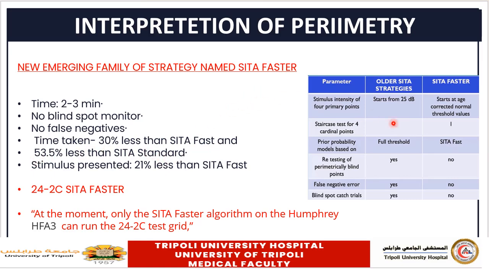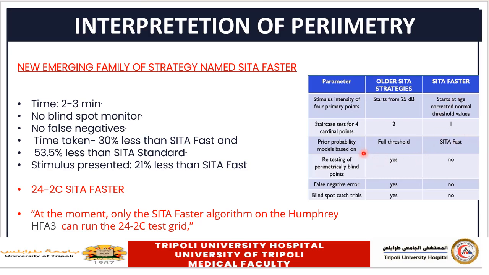The reason why is in this table showing the difference between SITA Fast and SITA Faster. For example, the initial stimulus in SITA Fast is 25 decibels, and we start doing the staircase strategy twice for the initial 4 cardinal points. However, in SITA Faster, the initial stimulus is based on the age-matched value, and the testing for the first 4 cardinal points is done only once.